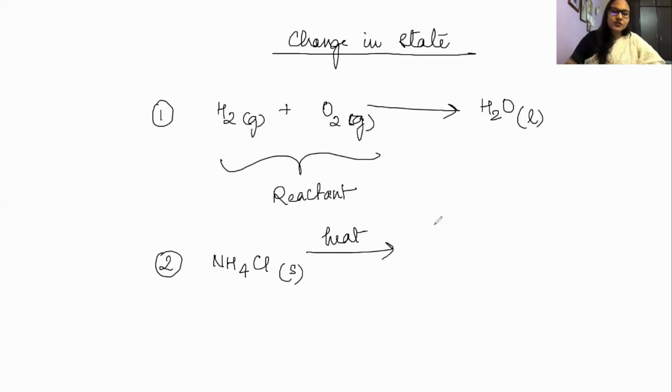So ammonium chloride on heating does convert its state, but it does not form ammonium chloride as gas. What happens is a dissociation, and ammonium chloride breaks down to form two kinds of gases: ammonia and hydrogen chloride gas. These are the two gases formed at the end of the reaction.